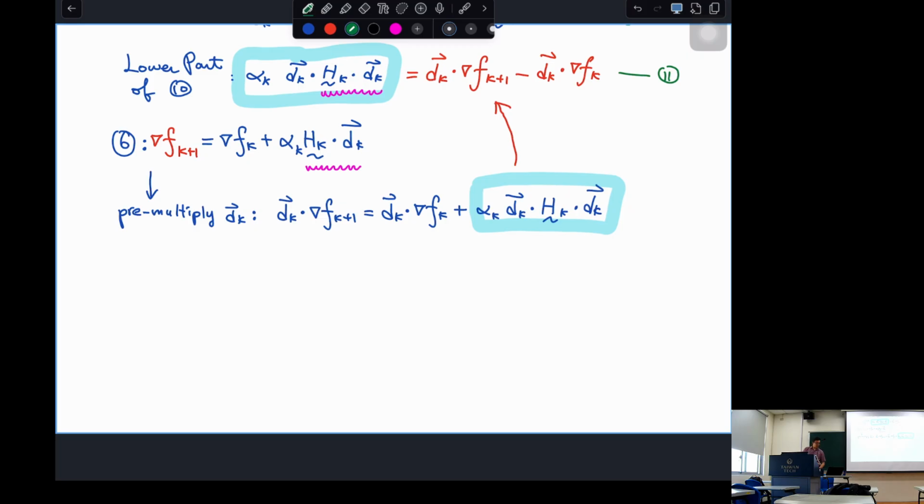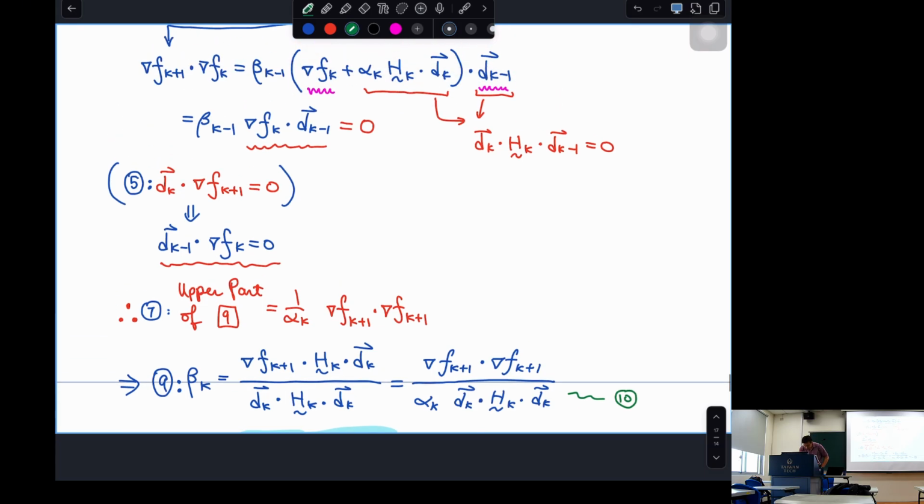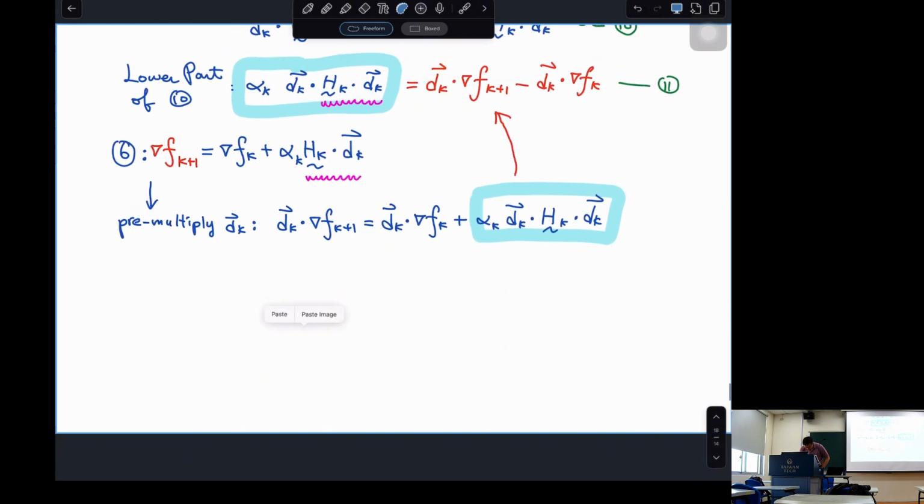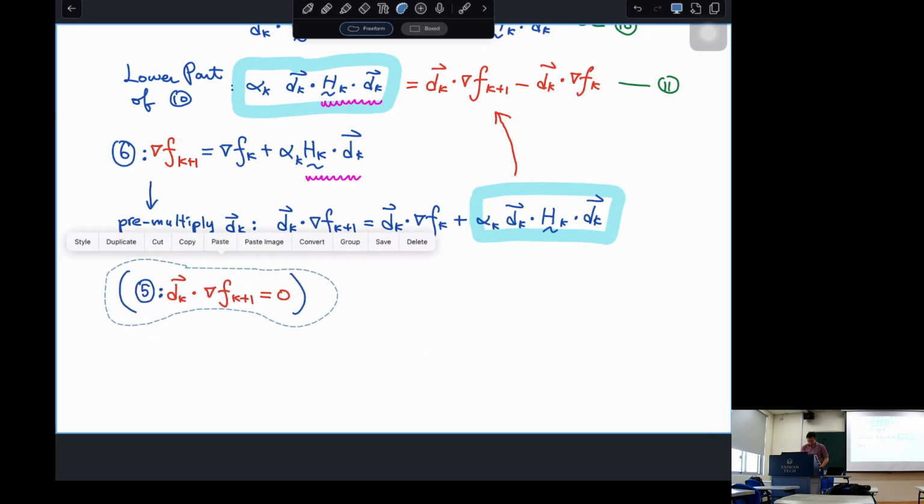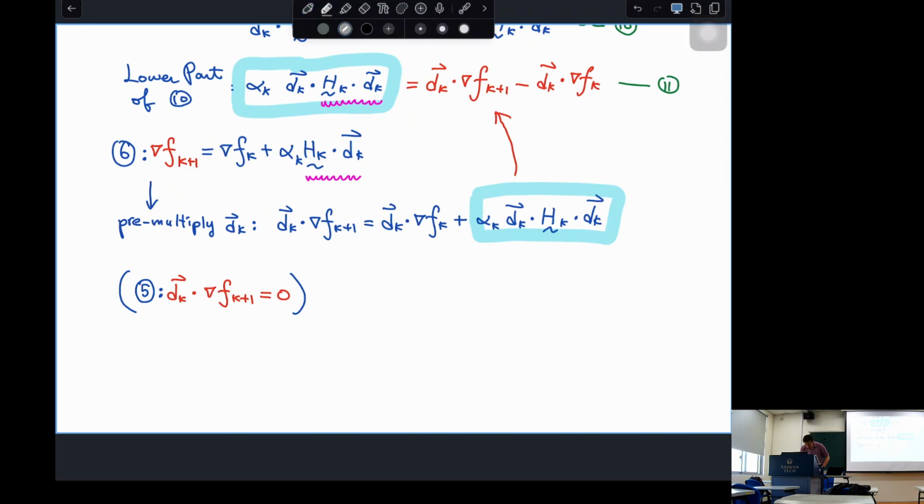Okay? So from equation 11, in the first term, we're going to recall equation 5 again. Equation 5, we did this earlier. Equation 5 is right here. So copy equation 5. Because of equation 5, you notice that dk dot gradient fk plus 1 equals 0.